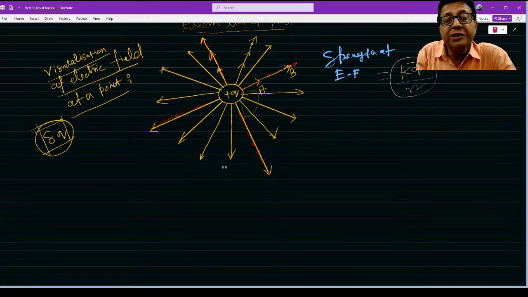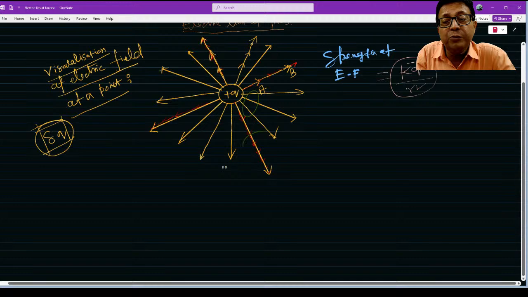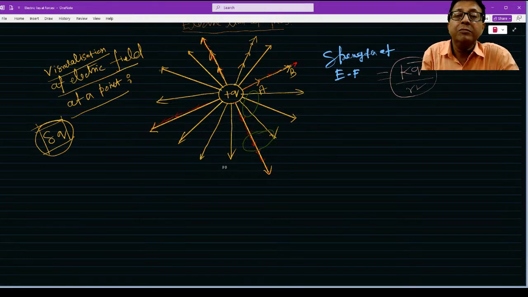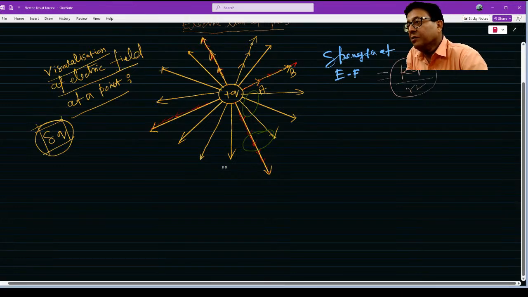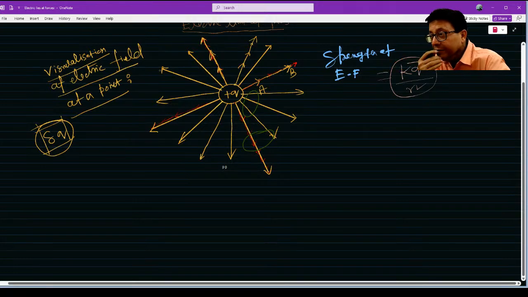Near the charge, you will observe many lines of forces are passing. You agree or not? But away from the charge, a smaller number of lines of forces pass through the area, if you keep the same area.